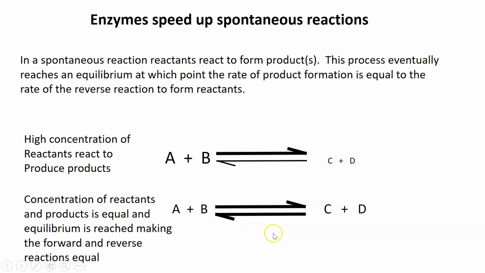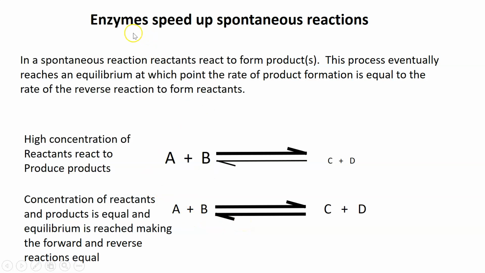Carbonic anhydrase can convert CO2 plus water to form carbonic acid, and it can also help dissociate carbonic acid to form carbon dioxide and water again. But there are other enzymes which only mediate forward reactions and not so much the reverse reactions. So it's different from enzyme to enzyme.